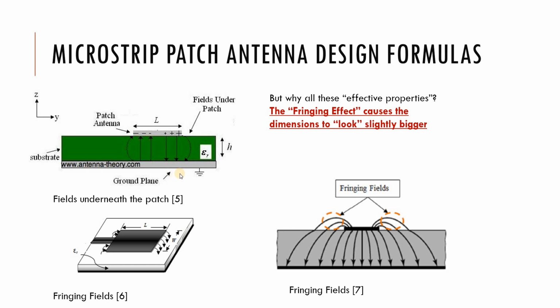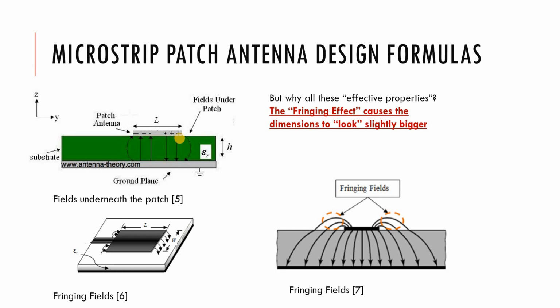As I said before, the patch antenna can act as an open circuit transmission line, and the voltage reflection coefficient will be 1 here, and the voltage and current are out of phase.